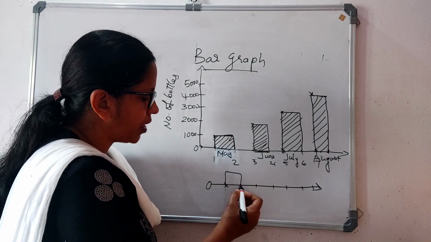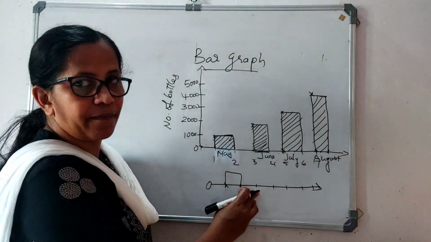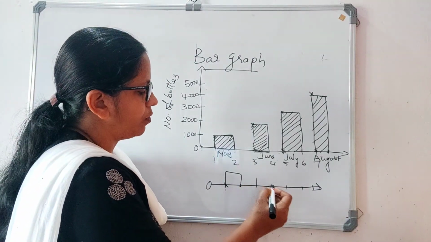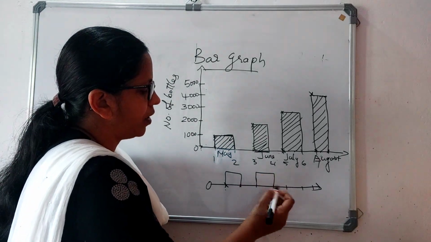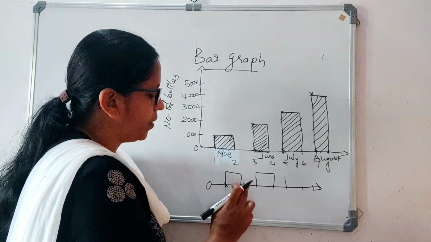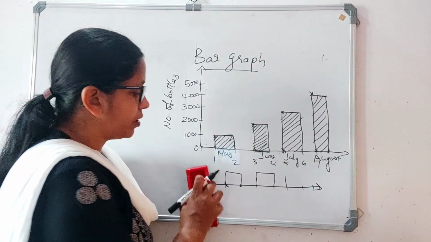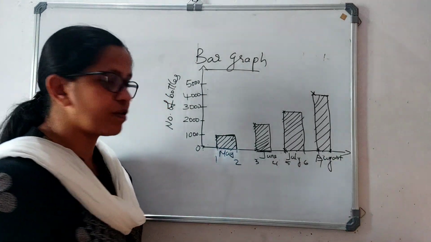Okay, and the next bar should be started after leaving 1 centimeter from here. Then leave 1 centimeter, again start. So it will be equal length and equal width. That should be taken care of while drawing the bar graph. This is the most important thing.